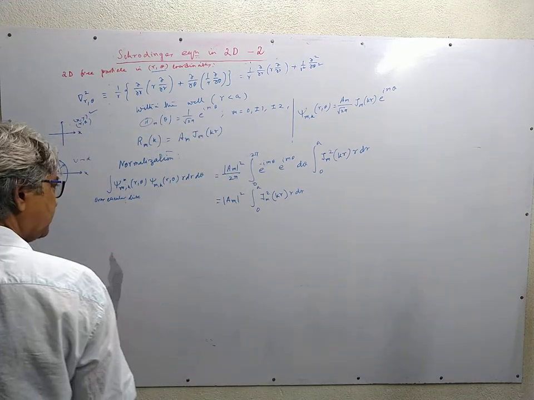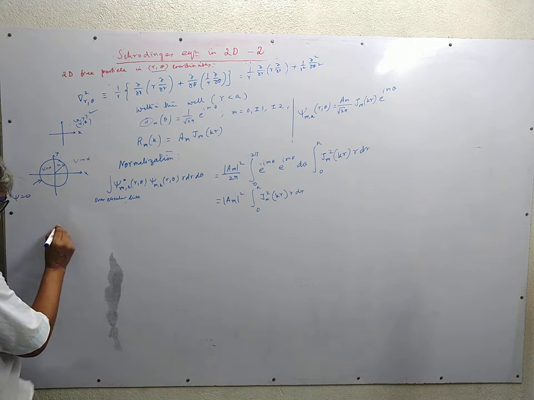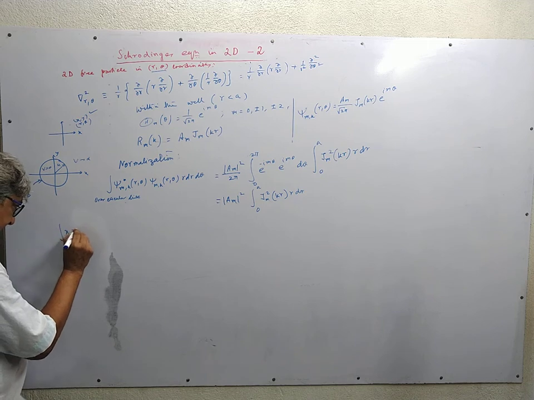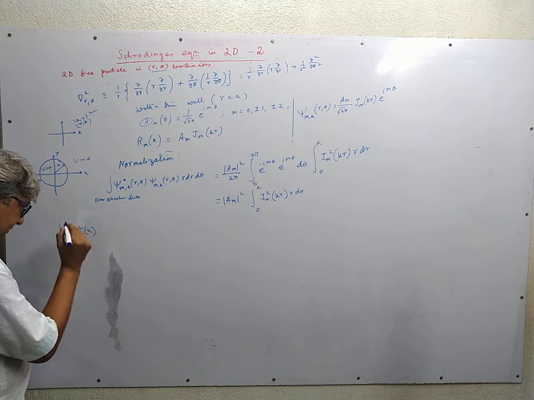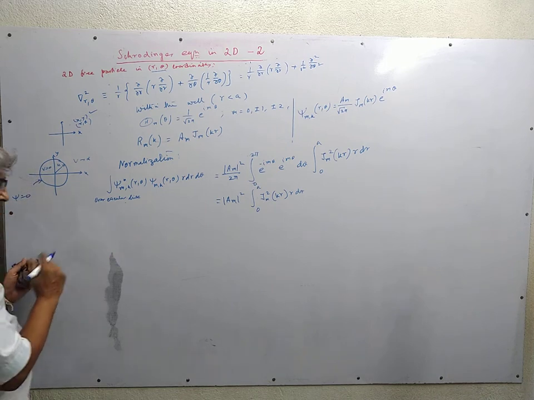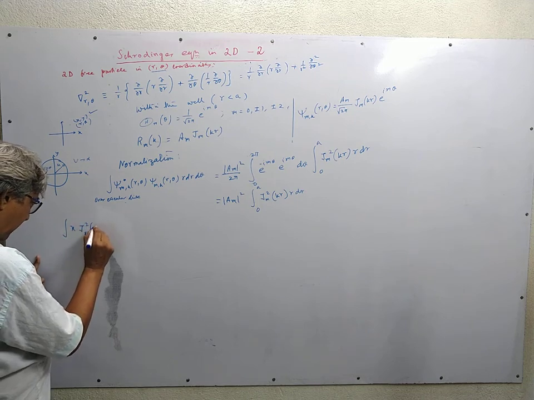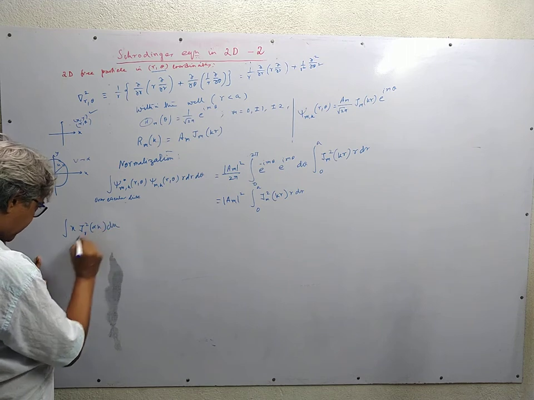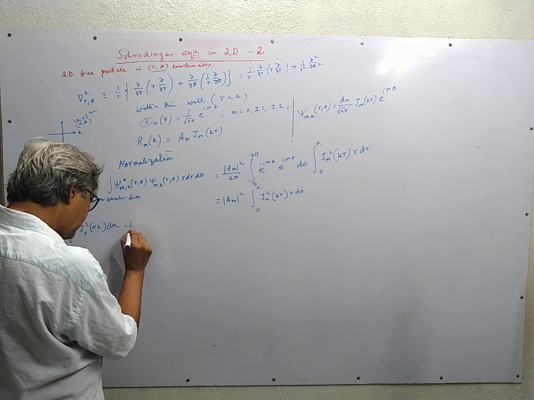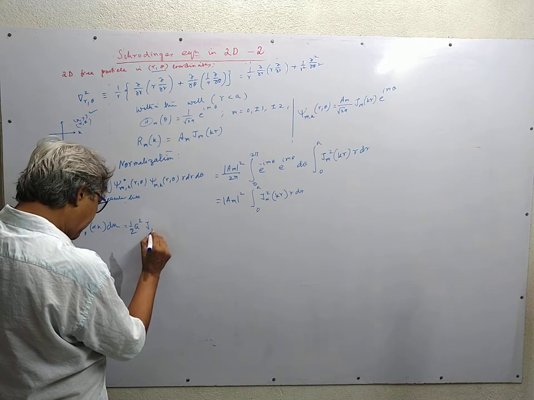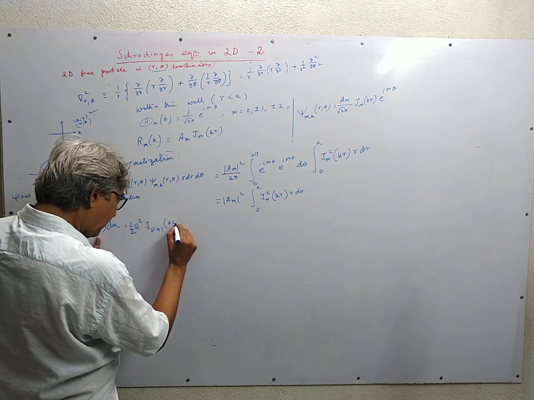Recall the normalization property of Bessel function. The normalization condition of Bessel function is the integral of x J_ν²(αx) dx from 0 to a, which is half a² J_{ν+1}²(αa).